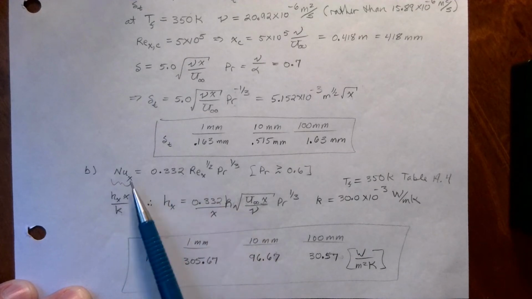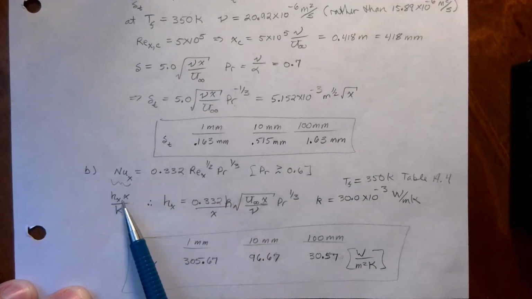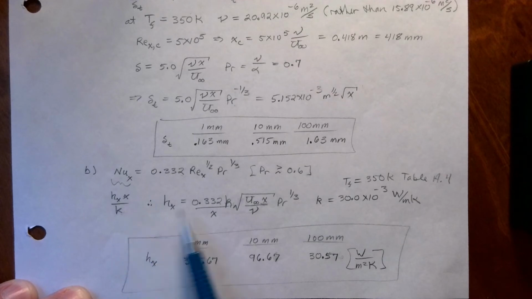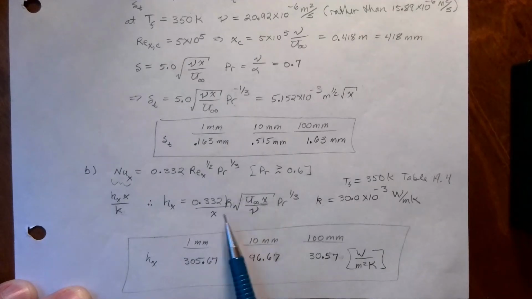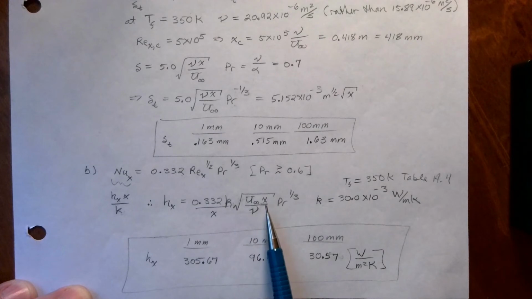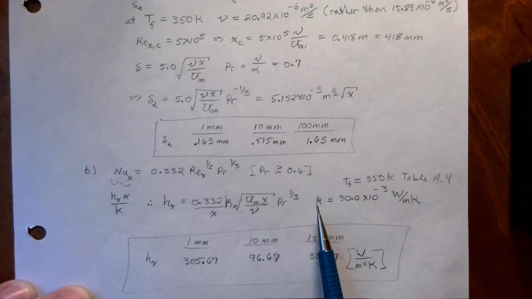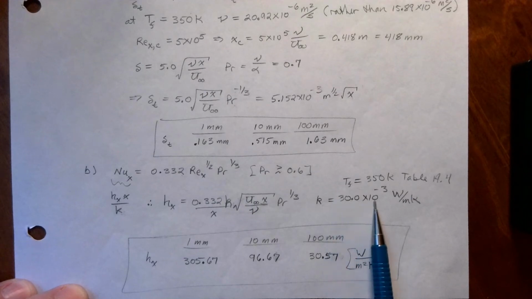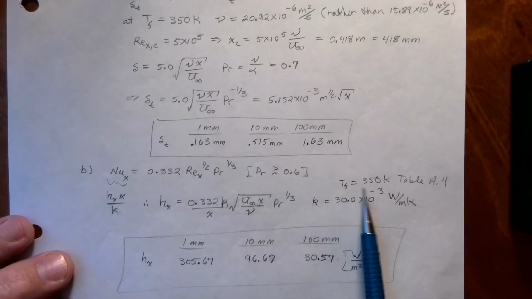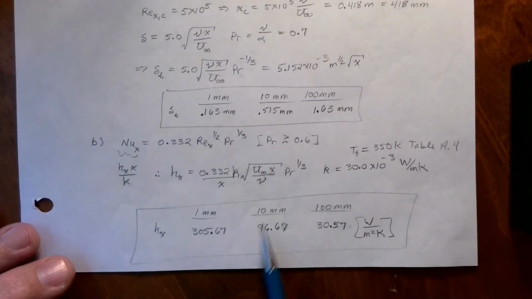If we solve this for h, taking the x and the k to the other side of the equation, our x dependence combines to make h proportional to x to the minus 1/2 power. We can substitute into this expression any value for x where we want to know the heat transfer coefficient. Remember, we have to get k at the film temperature, so do the interpolation to come out with k at T film, which is 350.